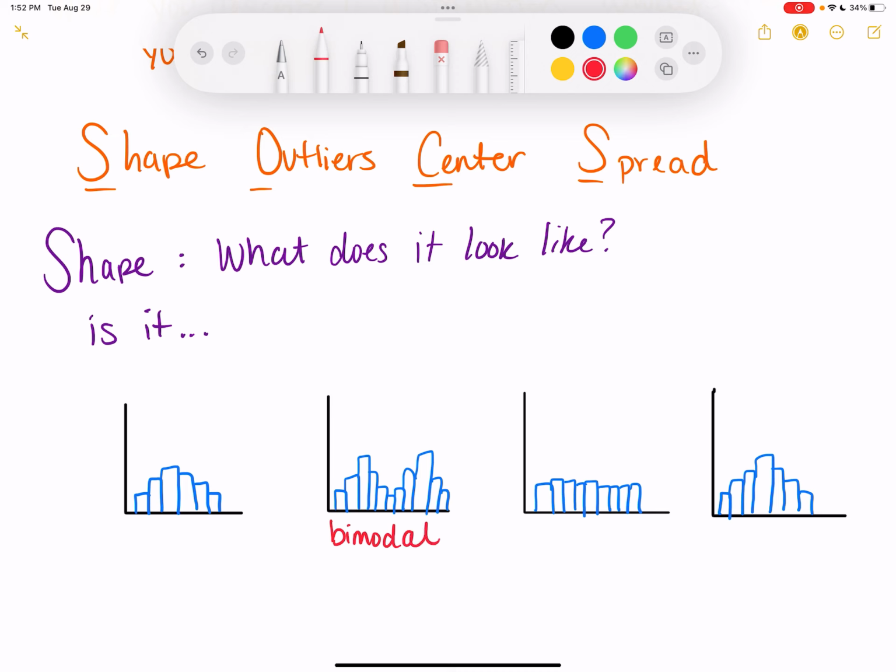How about symmetric? 4. 4 is symmetric. Uniform. Three. And unimodal.